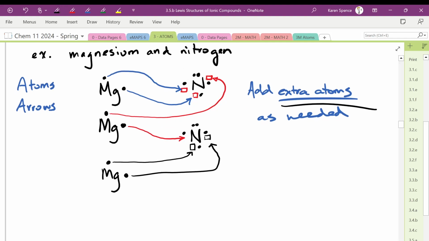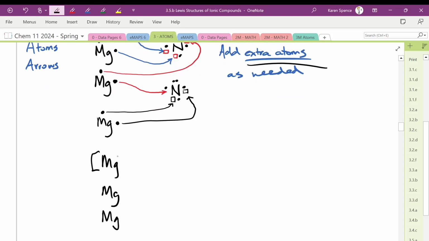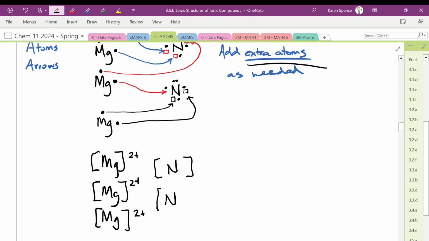And so now I can say I have 3 magnesiums, Mg, Mg, Mg, bracket, bracket, bracket, 2 plus 2 plus 2 plus, and then I have nitrogen and nitrogen, bracket, bracket, bracket, bracket, 3 minus 3 minus.